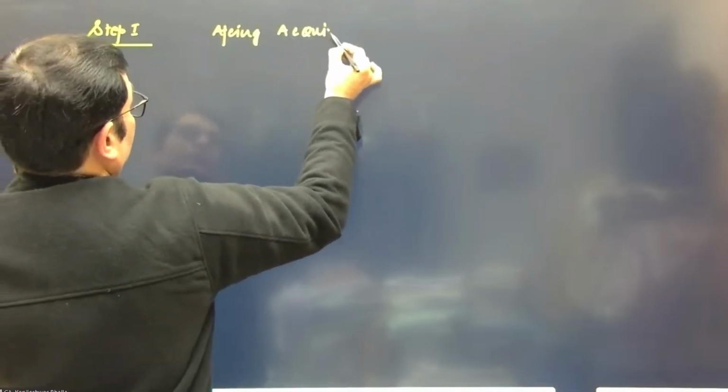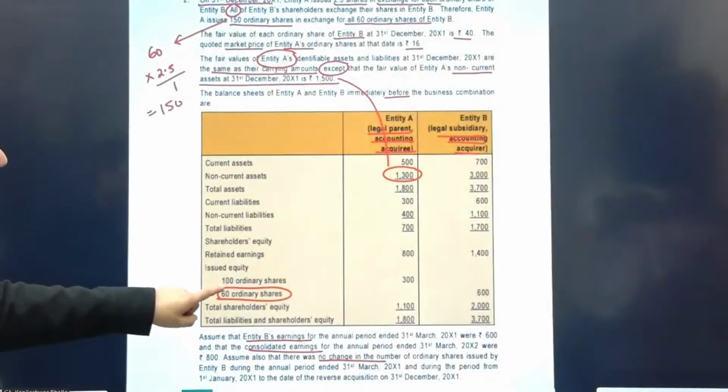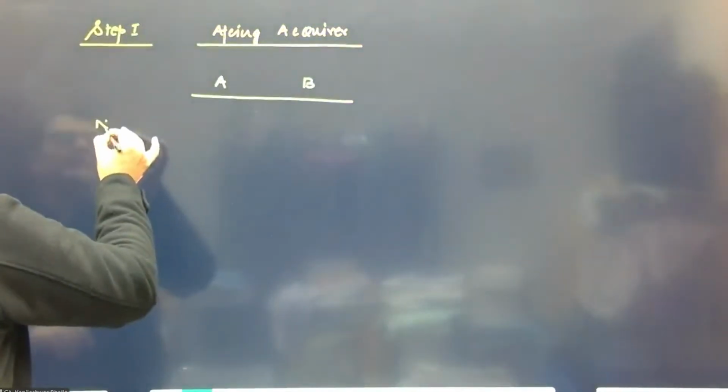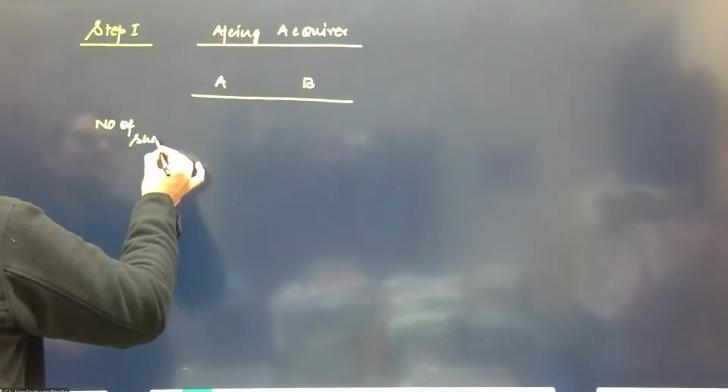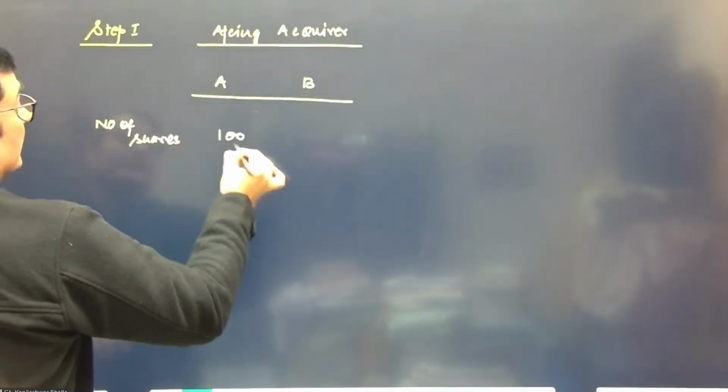In step number 1, we need to identify who is the accounting acquirer. Though it is very clearly given that entity B is the accounting acquirer, I still want to make it very clear how you would identify that. So let's consider the number of shares of A and B. Let's go back to the balance sheet and pick up the number of shares: in A it is 100 and in B it is 60.